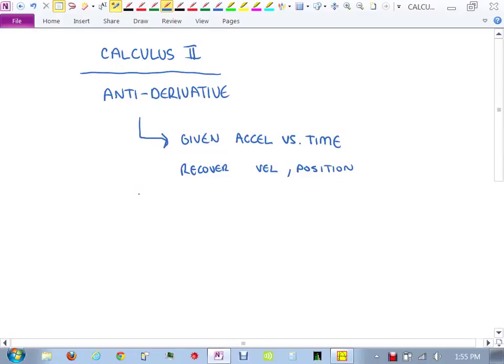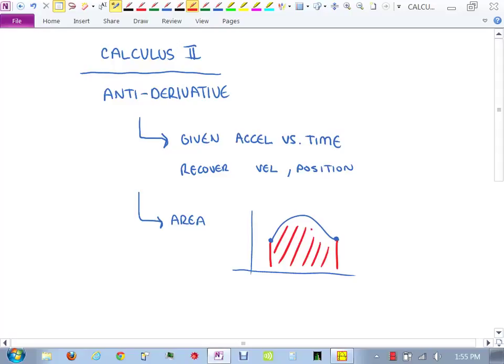And then also, we get from the antiderivative this concept of area. And this is one of the huge things in Cal 2. What we do is we look at a graph, and we cut the graph off at 2 points. And we ask ourselves, what's the area underneath this?